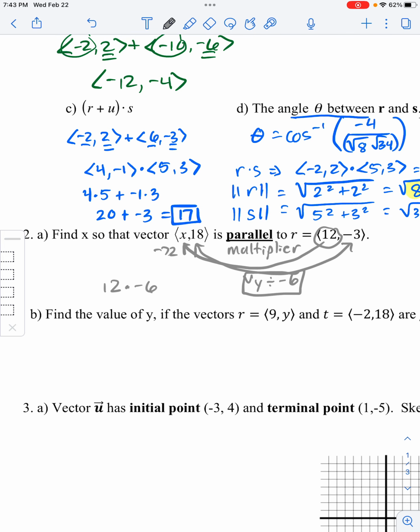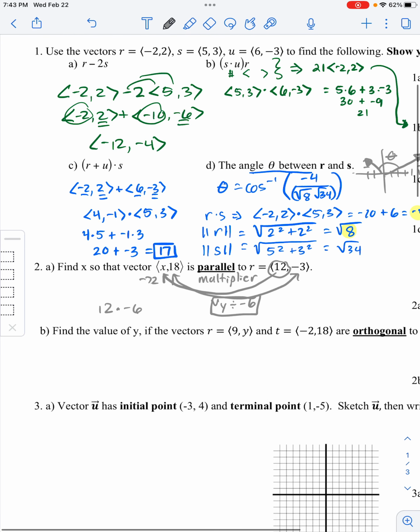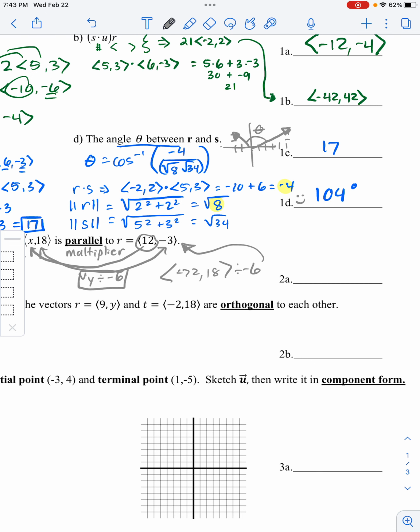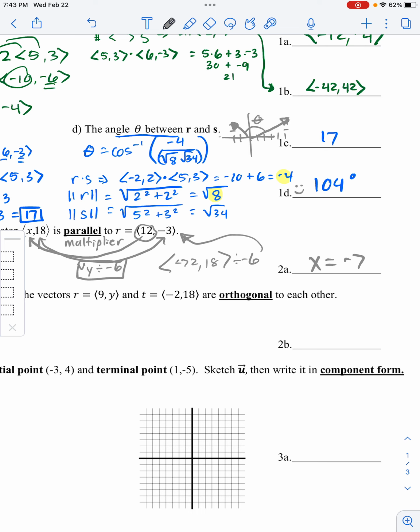So however you want to look at it, left dividing to get the smaller numbers, or the right side multiplying, they have to be scalar multiples. So what's happening is -72, 18 is getting divided by -6 to become this other one, and that will make them parallel. So the x value that I was missing has to be a -72.